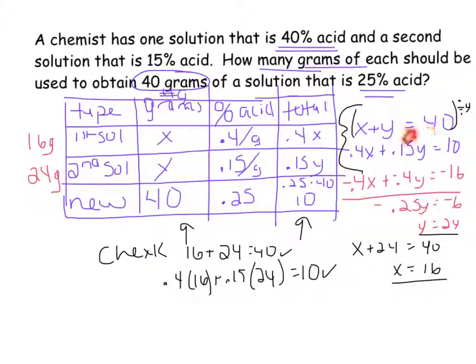I could use the equations, but remember the equations just came from the table. So 16 plus 24 was 40, and 4/10 times 16 plus 0.15 times 24 did equal 10. So both equations checked out. So I had 16 grams of the first solution and 24 grams of the second solution.